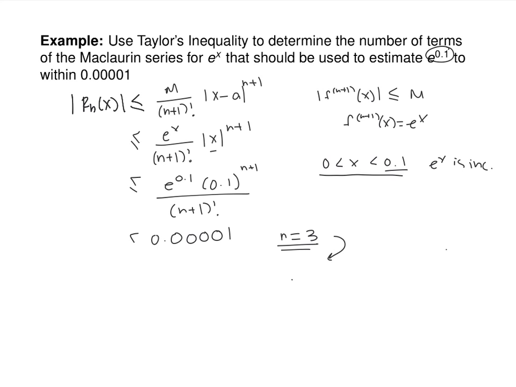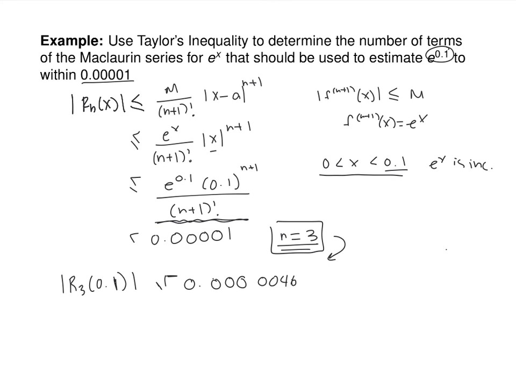And the reason is when you input n equals 3, you find that the absolute value of R3 with 0.1 plugged in for x, well, that's less than or equal to 0.0000046. So you only would need 3 terms of the Maclaurin series to have this level of accuracy.